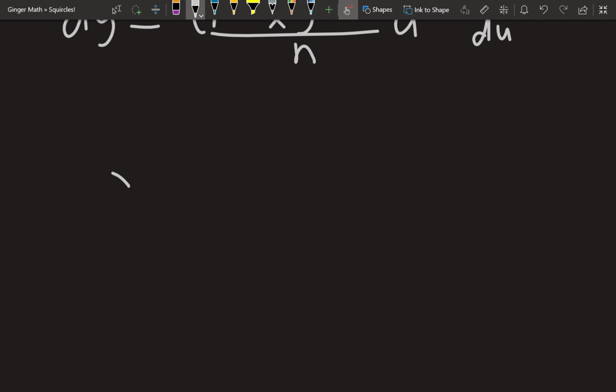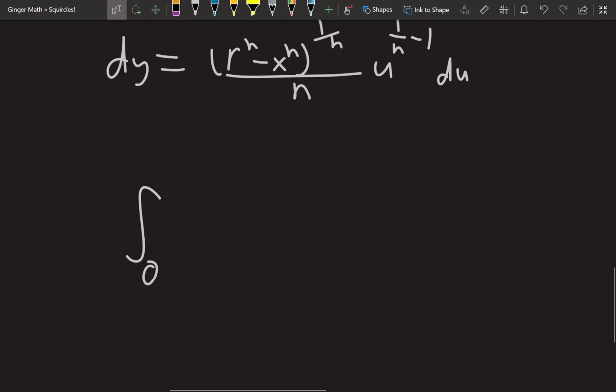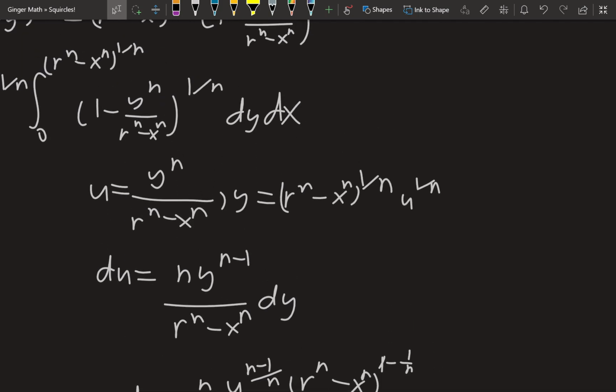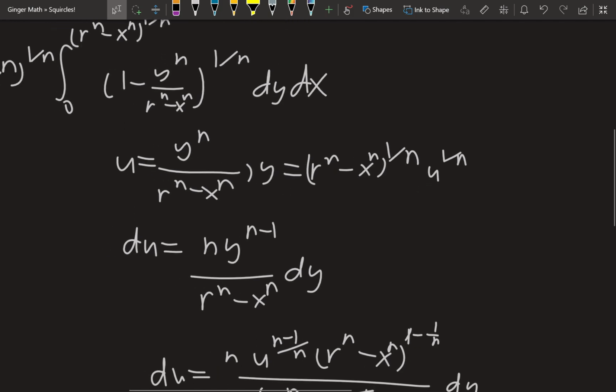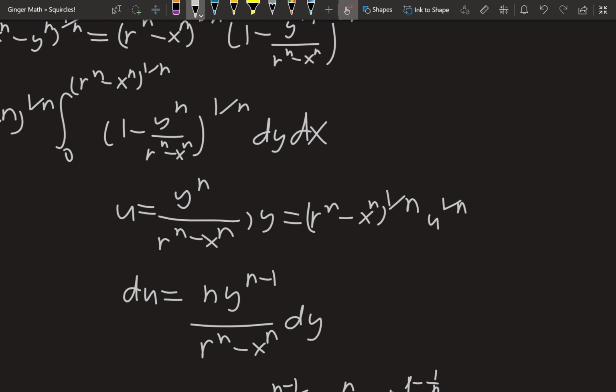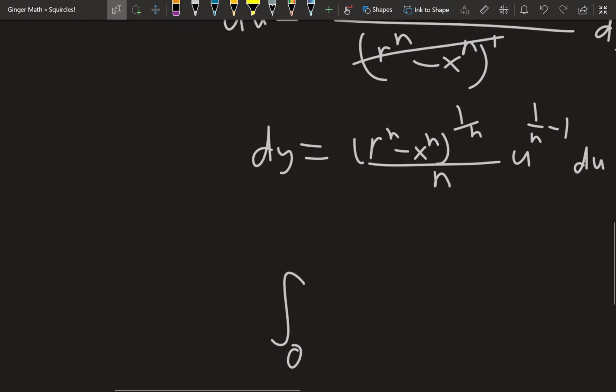So we have our integral still. I'm going to change the bounds real quick. You'll notice that our bounds are from 0 to (r^n - x^n)^(1/n). Raise that to the n power, and it does actually cancel in our u right here. So our bounds are just from 0 to 1.